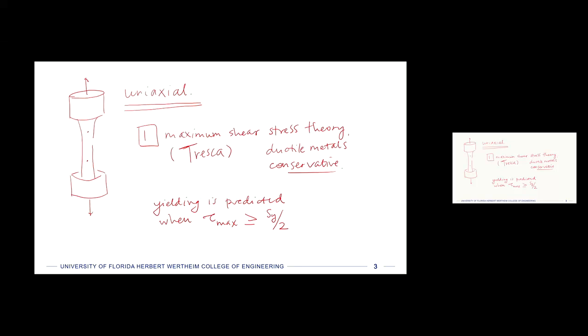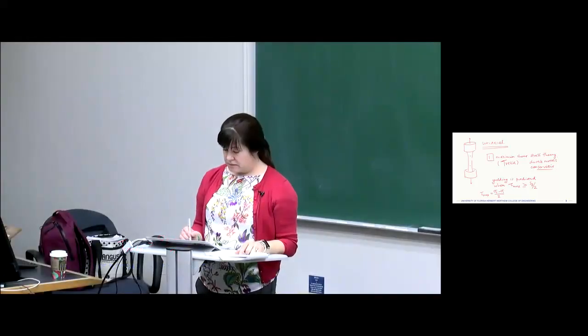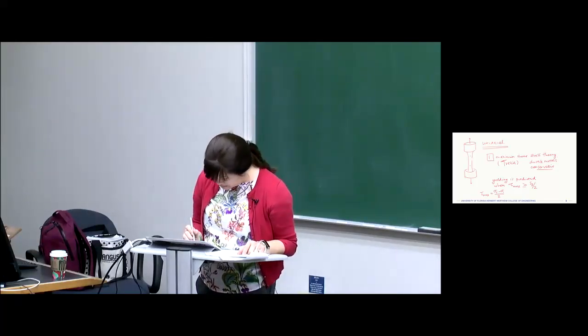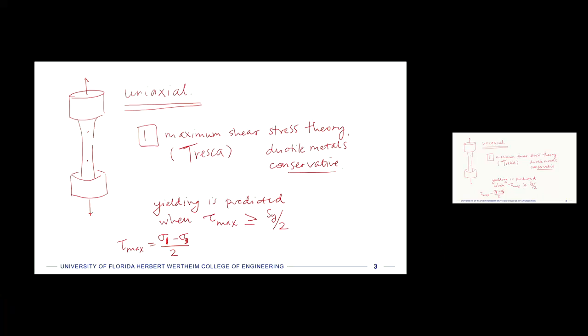So I sort of already explained it, that our tau max is defined as the difference between the maximum and minimum principal stresses, sigma 1 minus sigma 3, divided by 2. Sorry, those indices should be flipped. If we have a uniaxial case, then that simplifies down because we only have sigma 1.